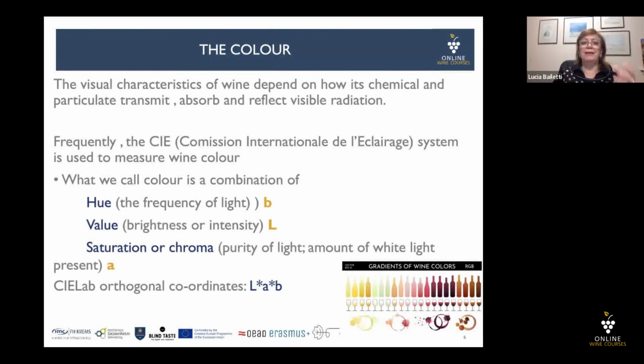So we measure wine color with the system of the Commission Internationale de l'Éclairage, which gives a formulation to analyze the visual characteristics through the frequency of light, brightness or intensity, and purity of light.